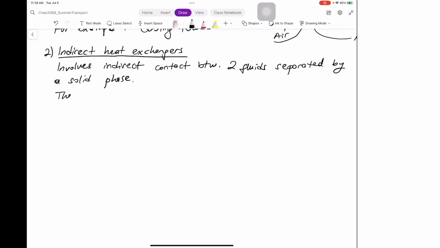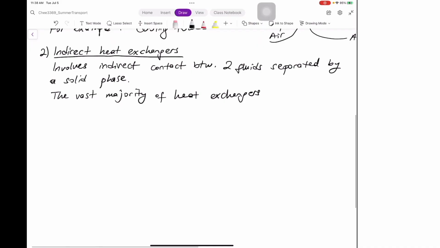So the vast majority of heat exchangers in industry is of this type.